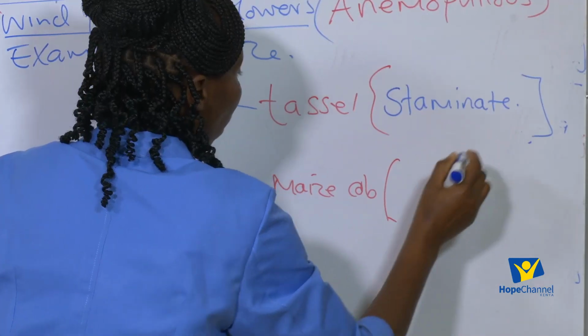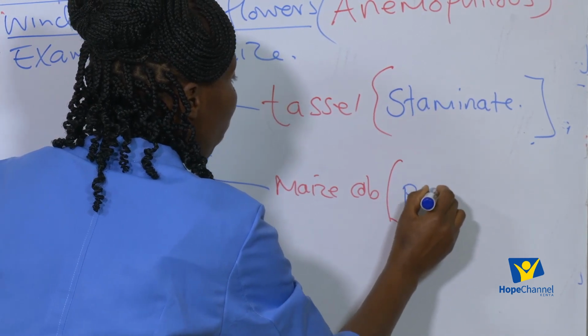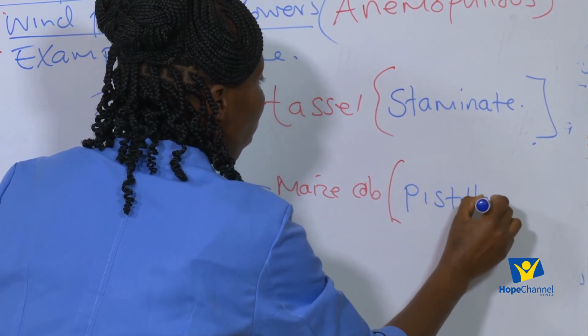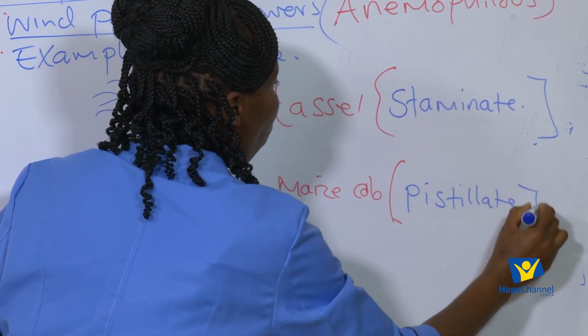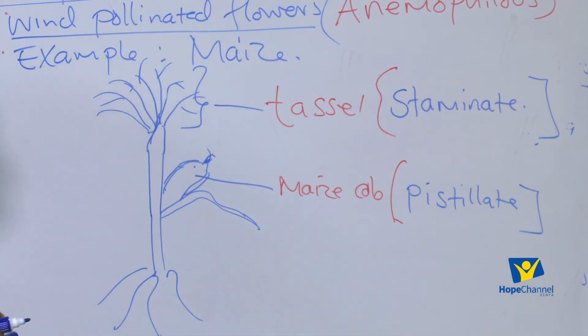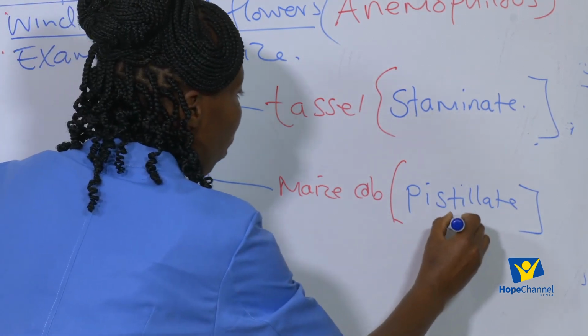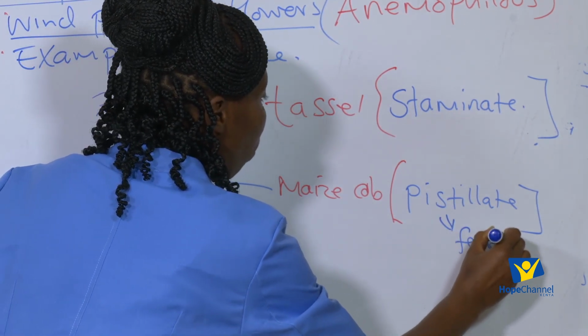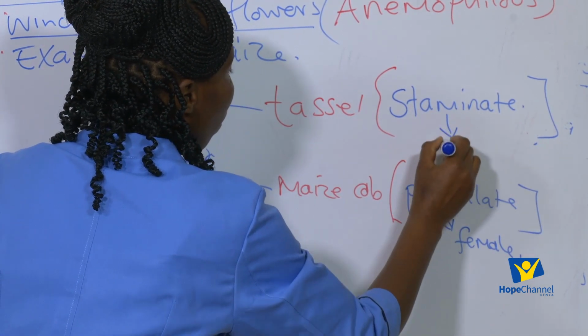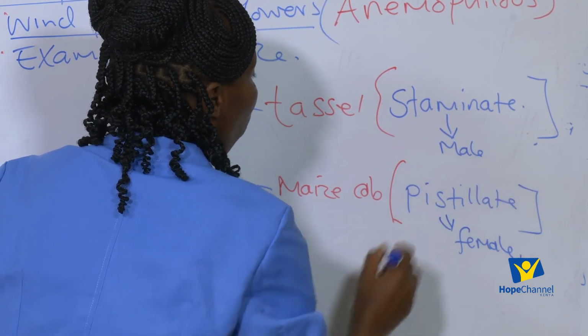Then this one forms the pistillate. When I talk about pistillate, I refer to the female part. So this is the female part of the flower, and this is the male part of the flower.